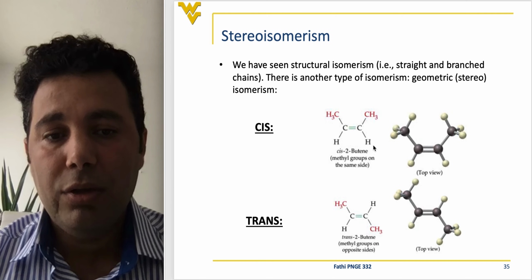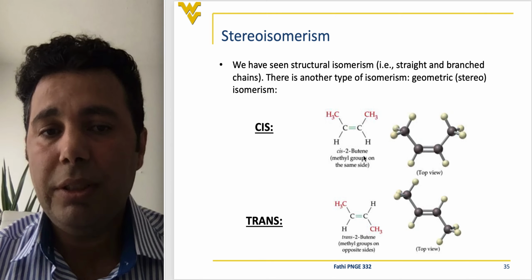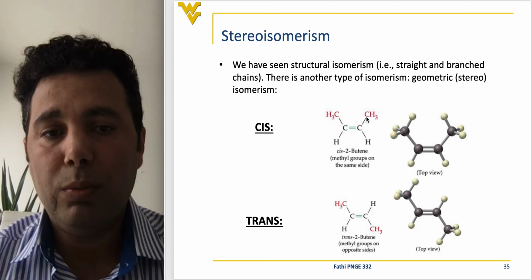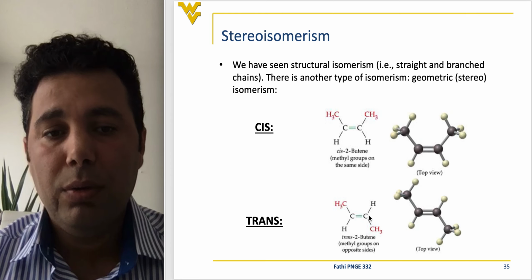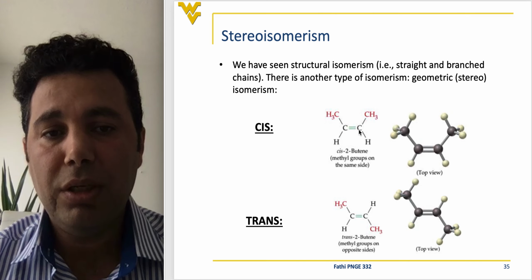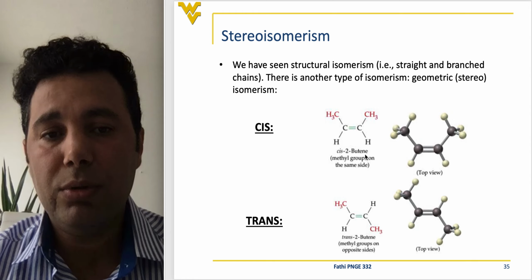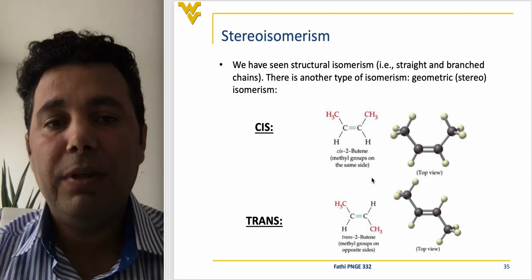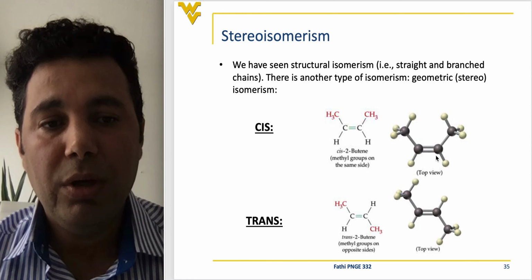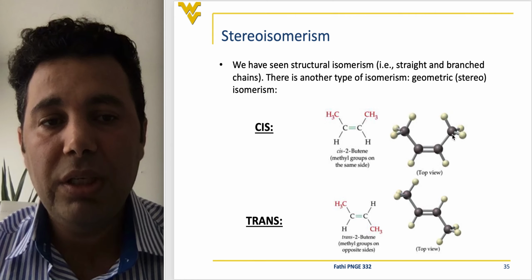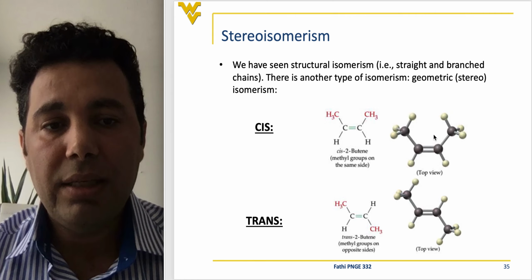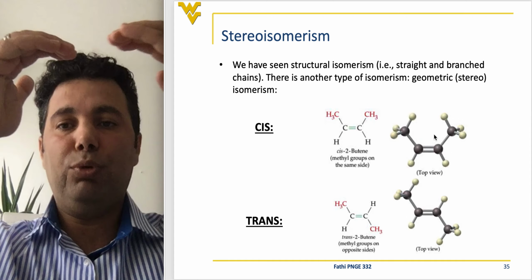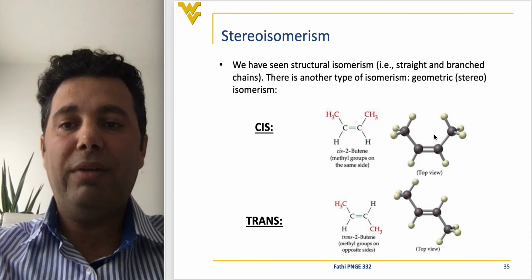Okay, so they will be both 2-butene. Okay, so they are 1, 2, 3, 4. Only one double bond, so it's butene, and the double bond is on the second carbon, so it's 2-butene. However, if we look under the microscope, we see the cis-2-butene is such that these two carbons come up together instead of being away from each other.